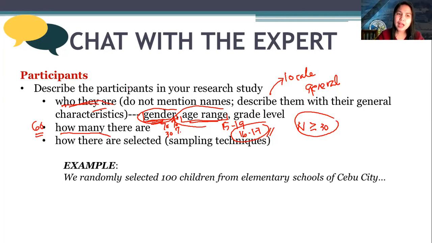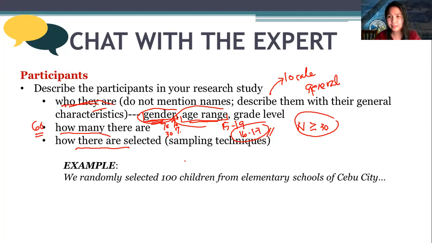So I pegged with 60, 30, 30. But in reality, at the end of my study, there were only 54. So from my proposal of 60, in my final paper, I need to say there were only 54 students left.